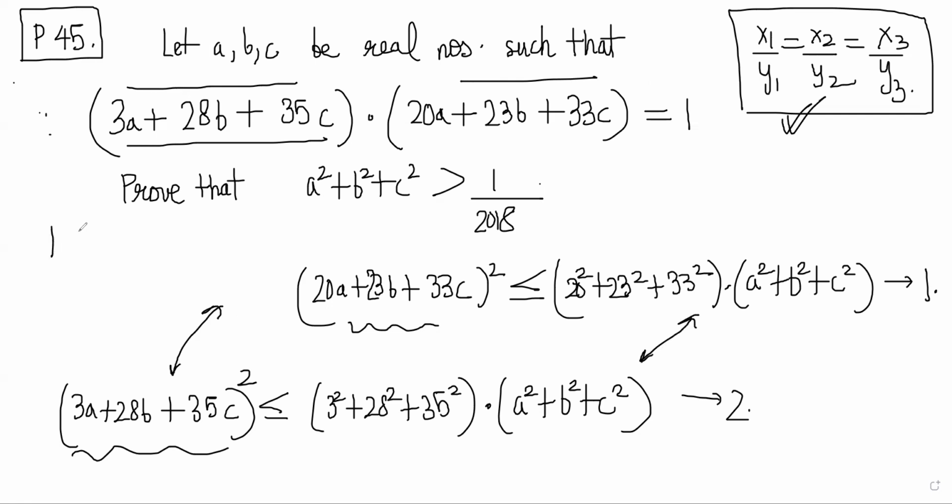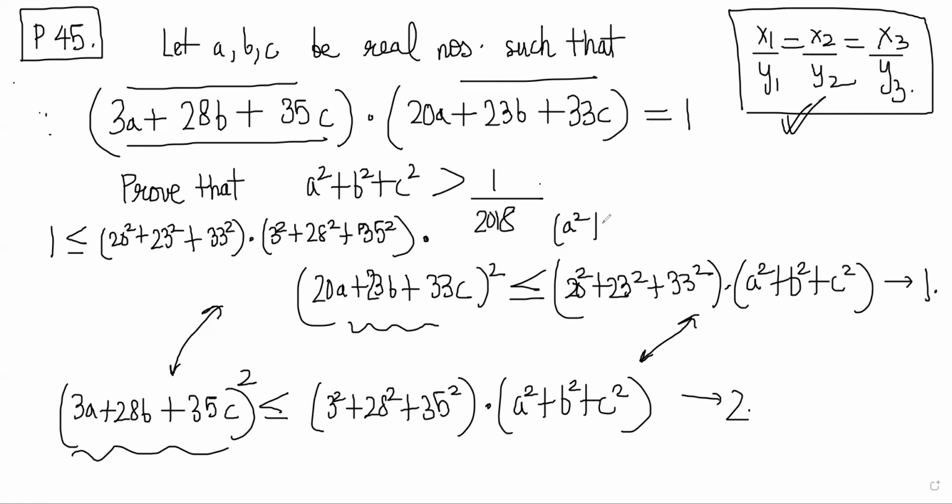I'm multiplying these left hand sides and these right hand sides. I will get 1 is less than or equal to the product of 20 square plus 23 square plus 33 square, multiplied with 3 square plus 28 square plus 35 square, and multiplied with (a square plus b square plus c square) whole square. And when you calculate this, this is coming to be 2018 and this is also coming to be 2018.